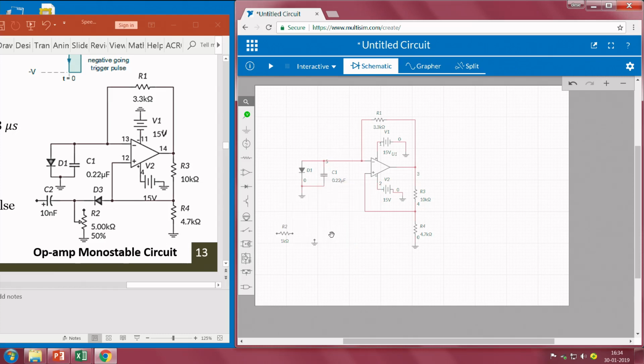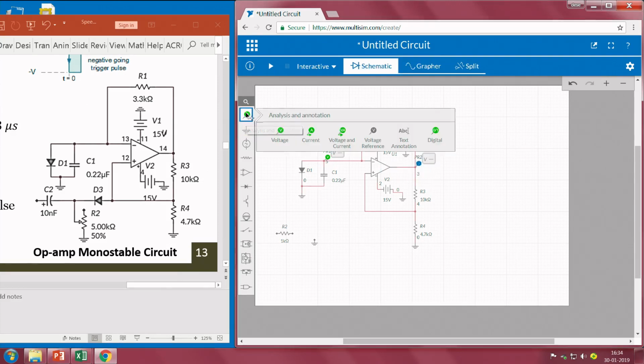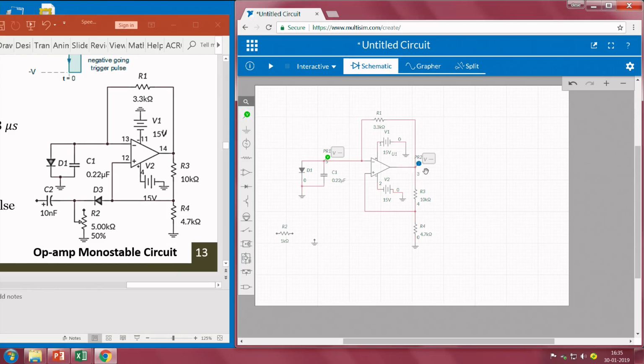So, all set. Now, just before providing a triggering circuit, my plan is to just have a look. So, I just gave two sources, two scopes, one at 2 probes, one at negative terminal, the other one at output voltage.